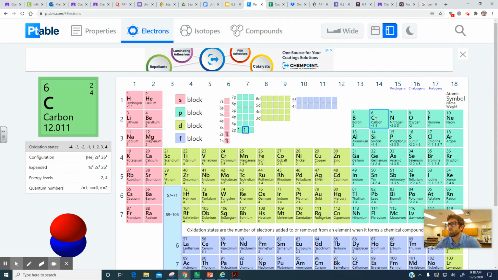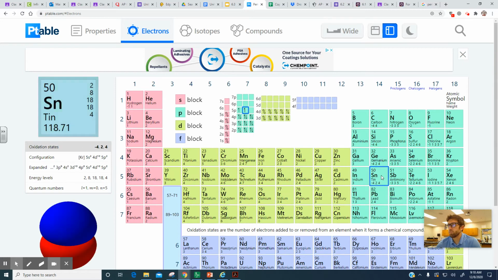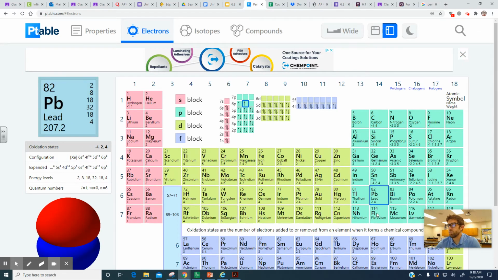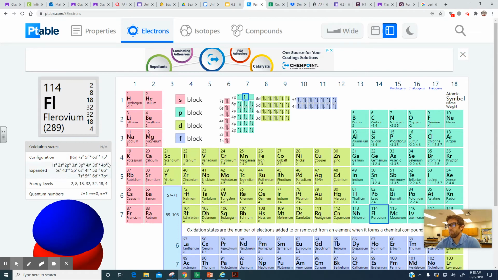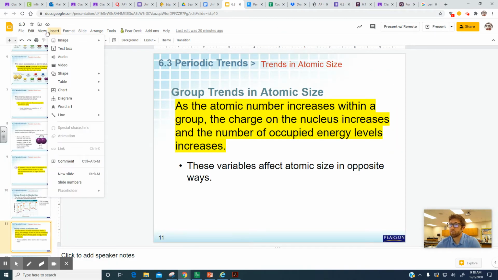If you look at carbon's electron configuration here on the left, it ends in 2p2. Silicon ends in 3p2. Germanium ends in 4p2. Tin is 5p2. Lead is 6p2, and then flerovium is 7p2. So as you go down, you add a shell there. You're adding an electron shell.